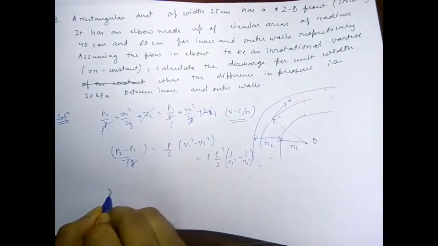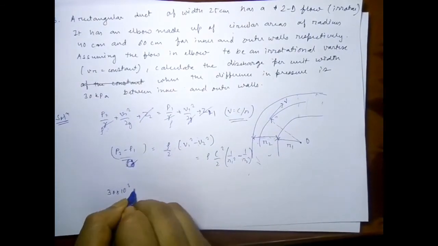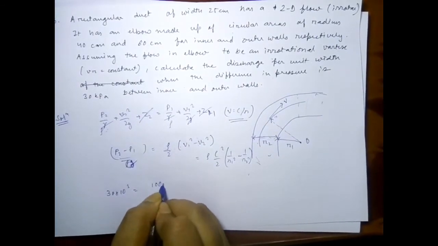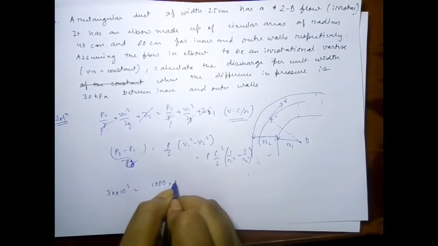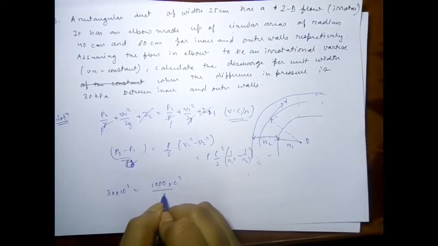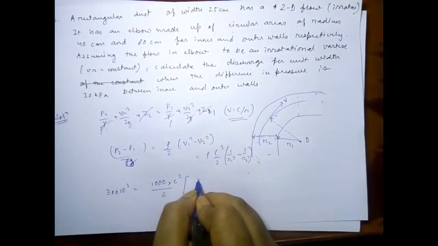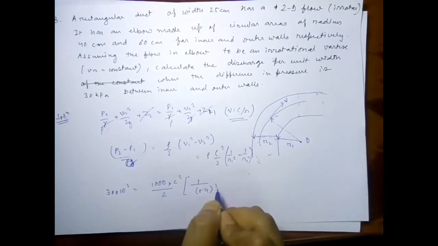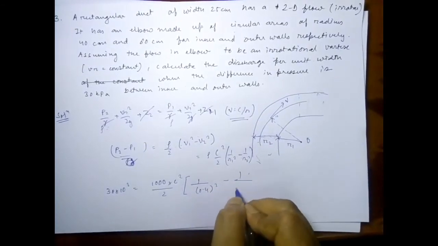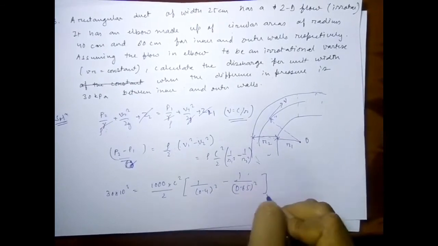So P2 minus P1 is 30 times 10 to the power 3, and that is equal to 1000 times C square upon 2, multiplied by (1 upon 0.4 square minus 1 upon 0.65 square).